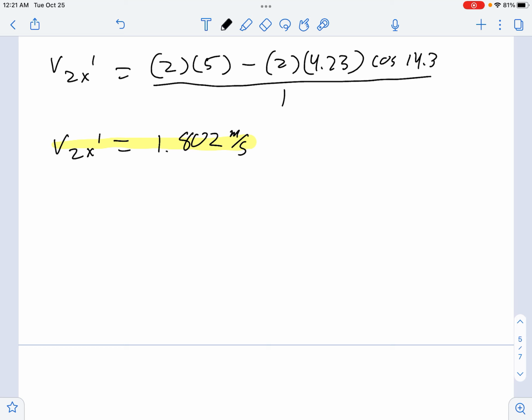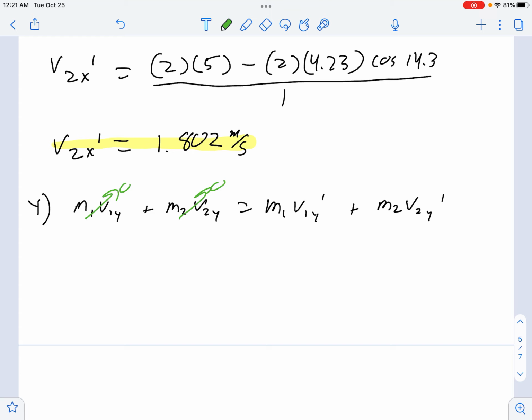Now that we've looked at momentum in the x direction, we're going to look at momentum in the y direction so that we can get the vertical component of ball 2 after. So m1 V1y plus m2 V2y is equal to m1 V1y prime plus m2 V2y prime. There's no up and down momentum to begin with. Ball 1 is only moving sideways.